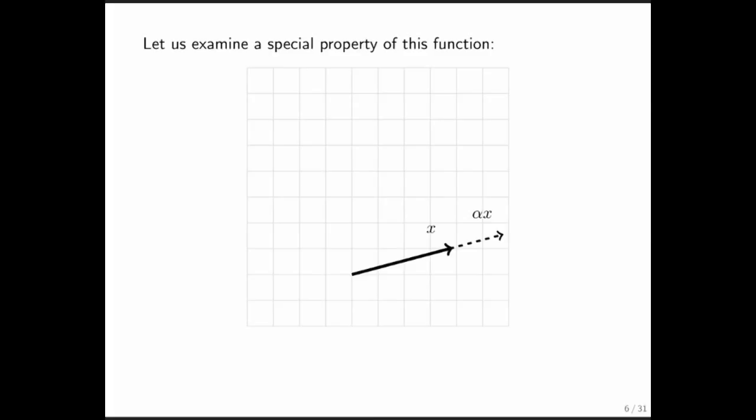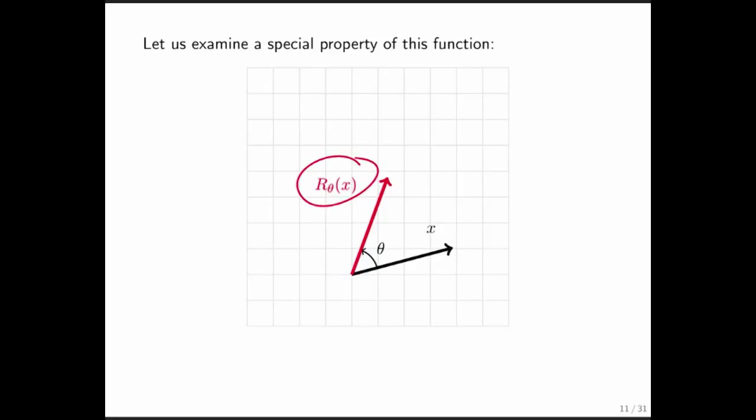We have learned how to scale a vector. Alpha times x is merely x with its length scaled by a factor alpha. If we first scale vector x by factor alpha and then we rotate it, we get this vector right here, r sub theta of alpha times x. If we take the vector x and we first rotate it, then we get this vector right here, r sub theta of x.